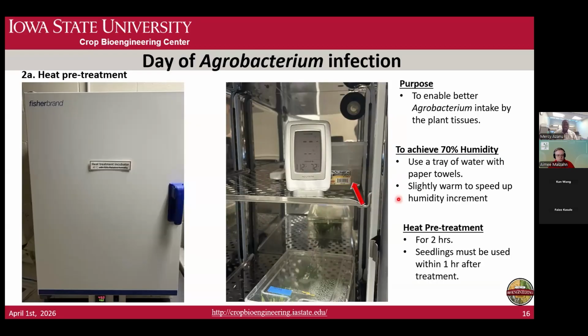The relative humidity is important because you don't want your seedlings to dehydrate. At the same time, heat treatment for 2 hours has been shown to improve transformation frequency by threefold. The purpose of heat treatment is that it enables better intake of Agrobacterium by inducing heat shock proteins in host cells.